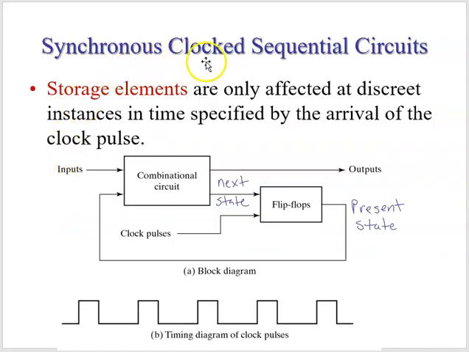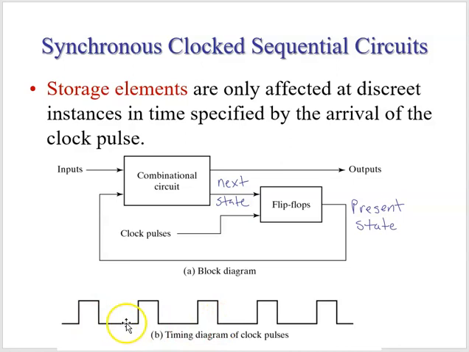So again, with synchronous clocked signals, the storage elements are only affected by discrete instances in time specified by the interval of the clock pulse. Here we've changed the circuit a little bit, where instead of memory elements we wrote flip-flops. A flip-flop specifically means that the only way to transition this memory element is on a rising edge of the clock or a falling edge of the clock.